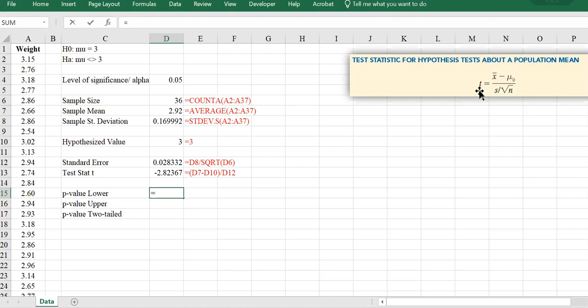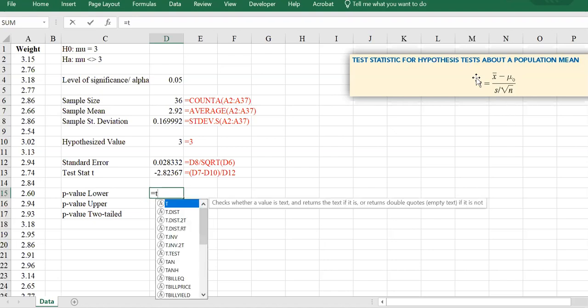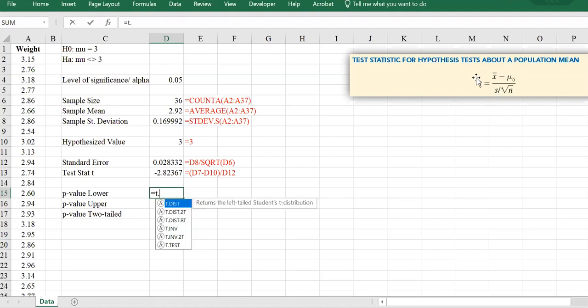We use the T distribution. So this is the same distribution, all right? But this time we're gonna use T.DIST. Before we used T.INV, now we're using T.DIST. And for that, first we're gonna look at the lower tail.